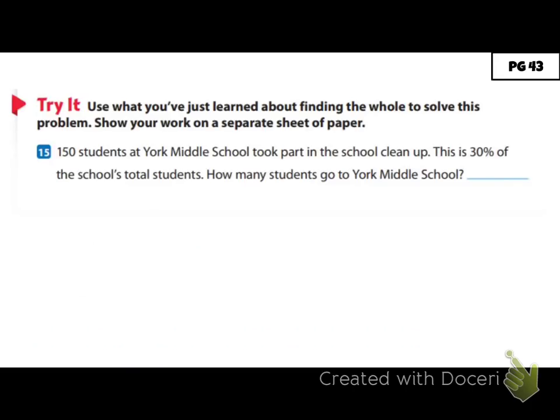So you guys do this one, Try It, number 15. Once again, these are done on your own, and then I will fill you in on the answer. If your answer does not pair up with mine, then raise your hand and I will work the problem out with you. So go ahead and try it.